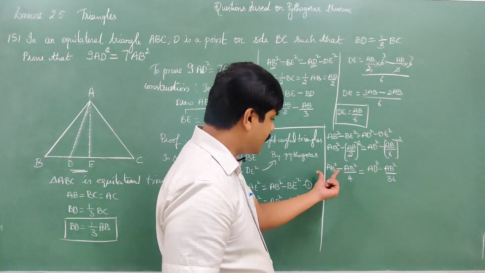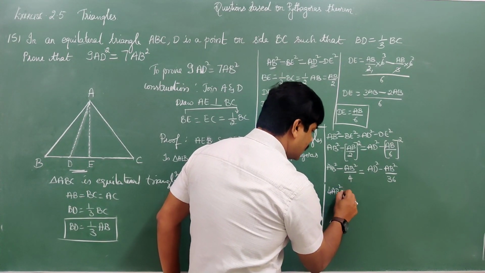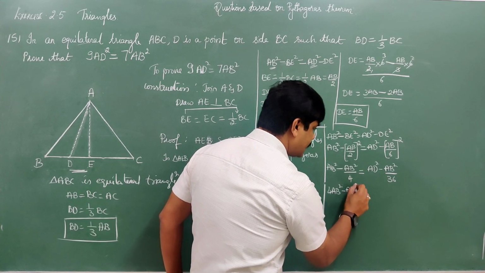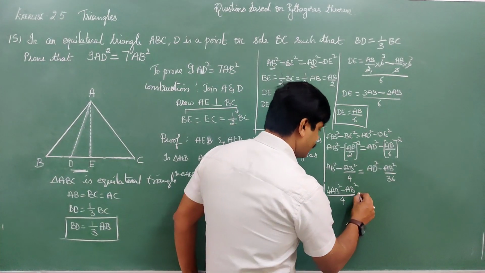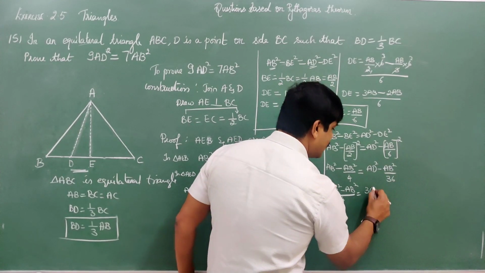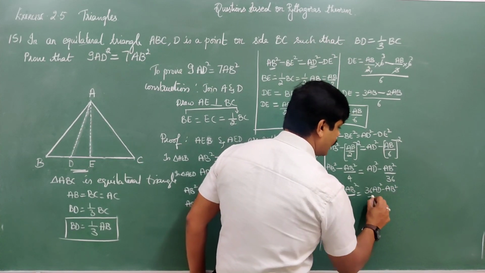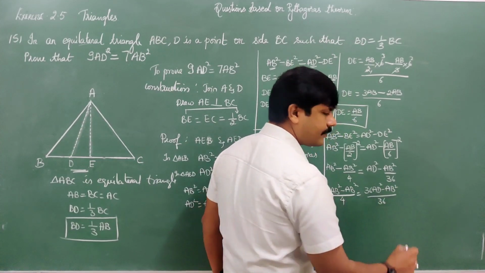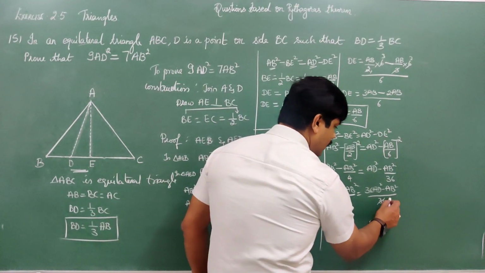After taking LCM, you will get 4AB square minus AB square whole divided by 4. This 36, after taking LCM, you will get this AD square minus AB square by 36. 4 once 4, 4 nines 36.